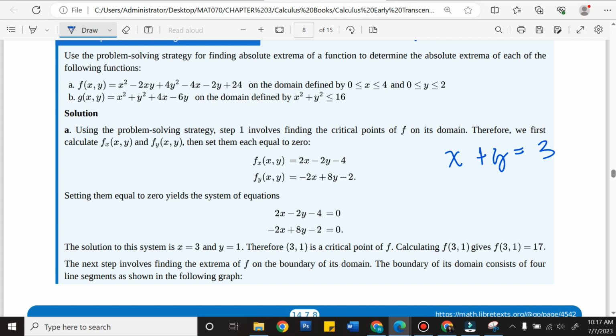If what remains is only x and only y, like in our previous example, x plus 2 equals 0 and y plus something equals 0, you no longer need elimination. You only do elimination when two variables remain in every equation. Okay?